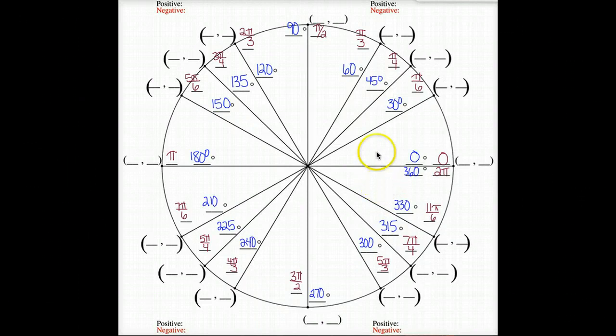We don't have to draw the triangles over, but my 30-degree angle, my cosine, and here I'll use a different color, was radical 3 over 2. My sine was 1/2. On 45, I had radical 2 over 2 for both of them.